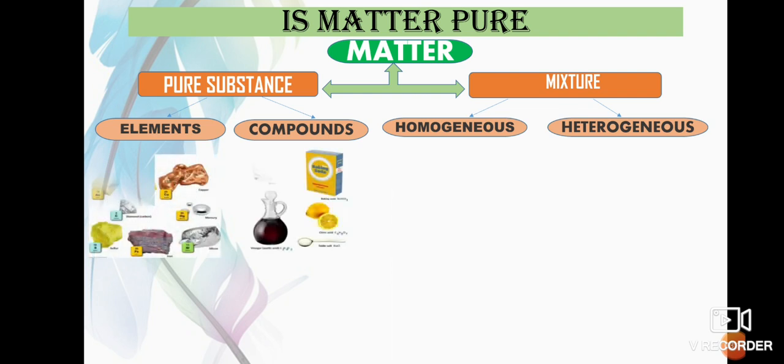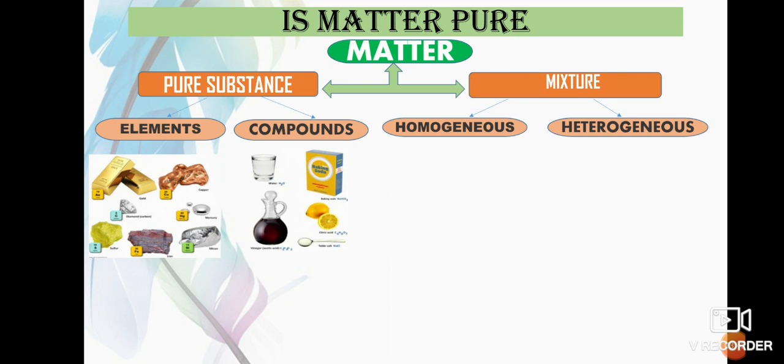See, by examples I am giving you the idea. For elements we have gold, copper, sulfur, like this. For compounds, water, baking soda, vinegar, lime water.